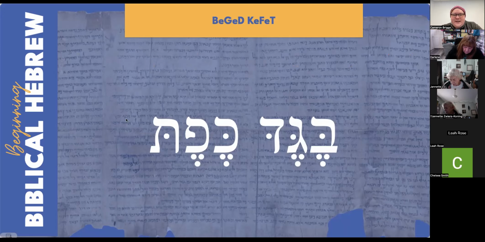So Beged Kefets are super crucial when we are using the word and in Hebrew, because if the word and is joined with a word that starts with one of these 6 letters, the and will actually steal its dot and change its sound. And so that's why we're reviewing those.